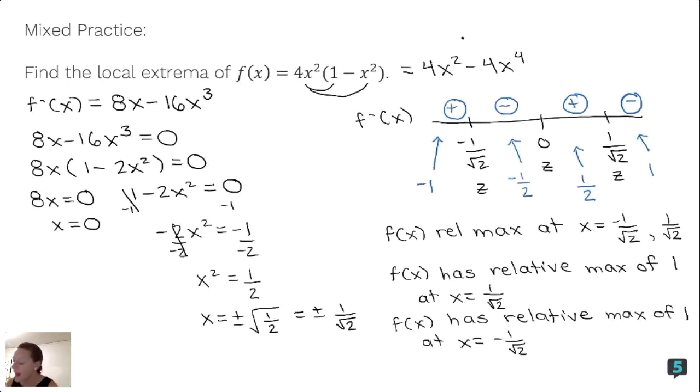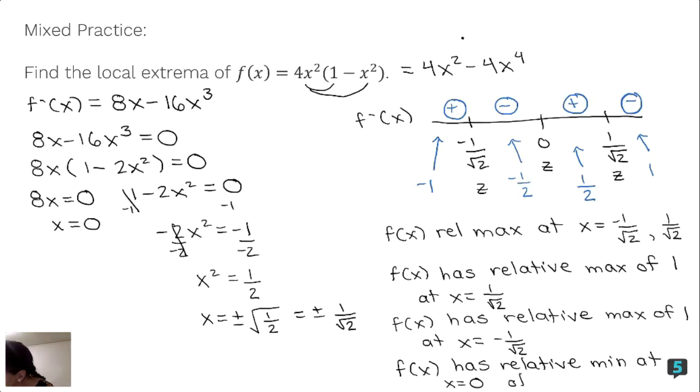So I'm going to find that f of x has a relative minimum at x equals 0. When I plug 0 back into my original function, what do I get out? 0. So I'm going to have that relative minimum of 0 at x equals 0.